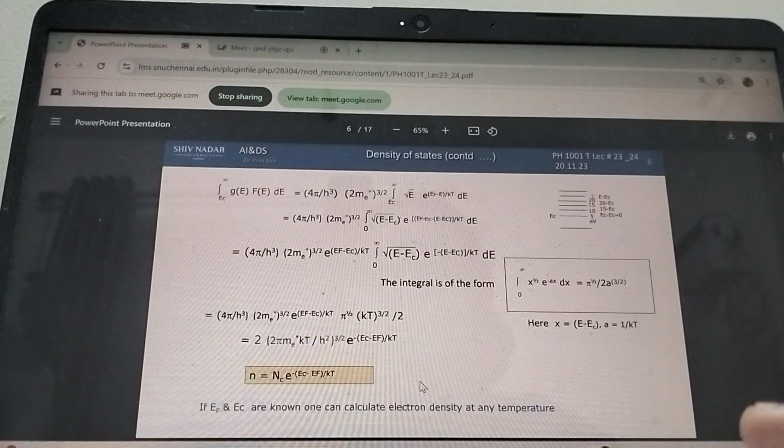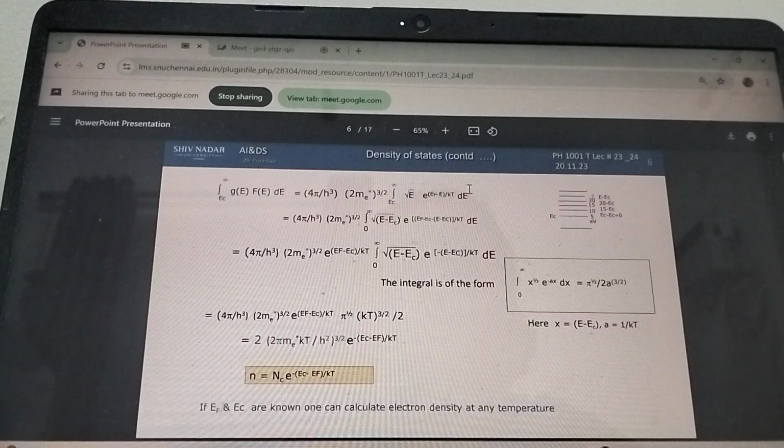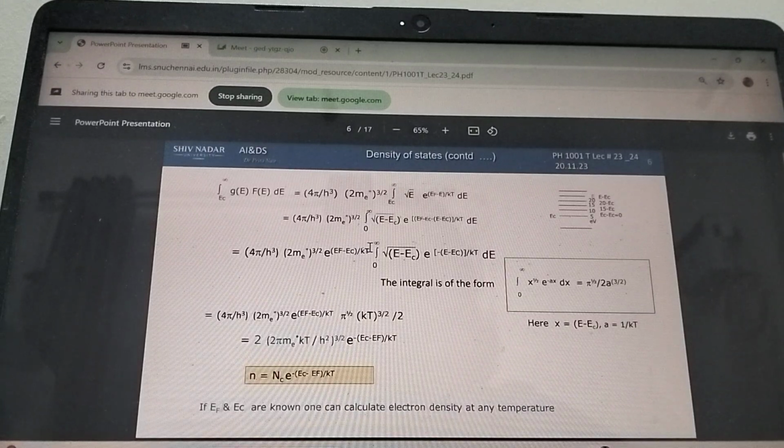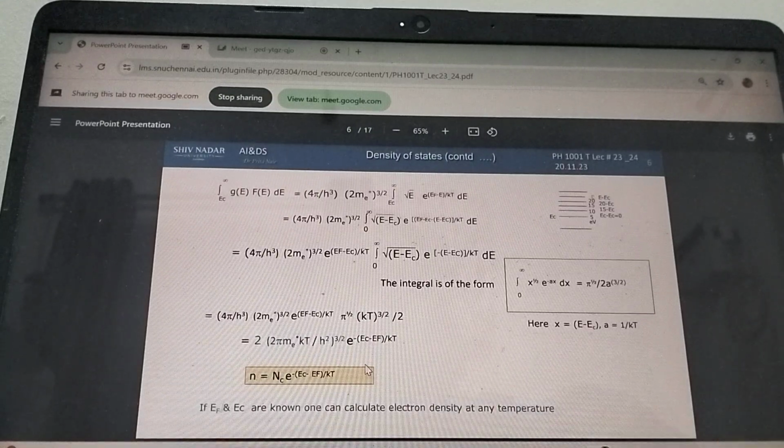It becomes this. Now we are performing the integration. This is the expression we have. We want to bring it to a standard form, so we apply transformation of limits. We subtract EC from every term. We take all the constants out. This corresponds to this form, so we find out what are the values of x and a, and then this is the given solution to us. So we plug in the value of a which we found out. We club all the constants together and name it as NC. This is the final expression we get.